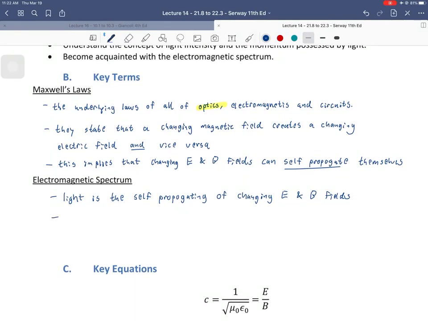Light has a speed that is independent of its frequency or wavelength.